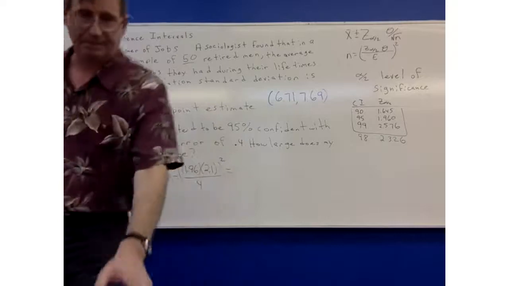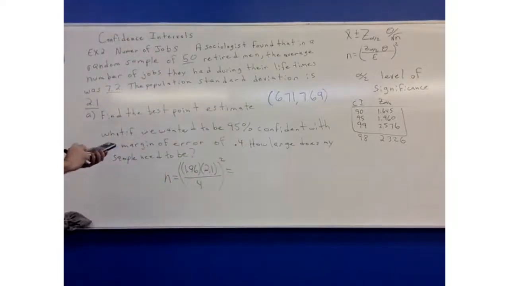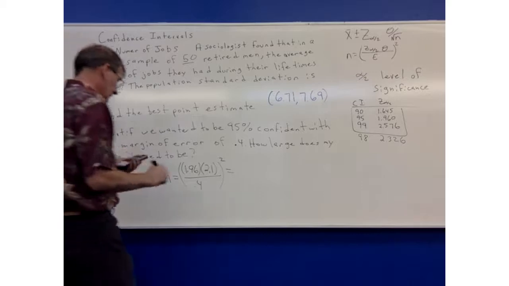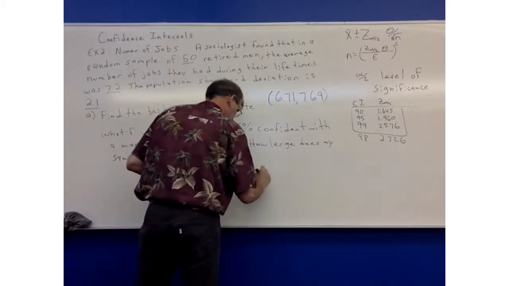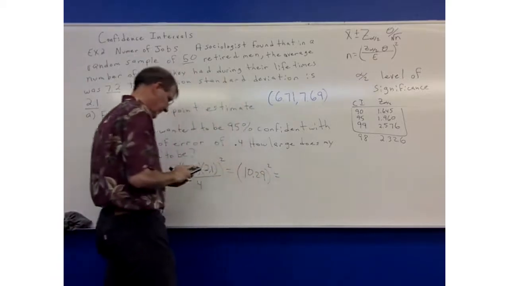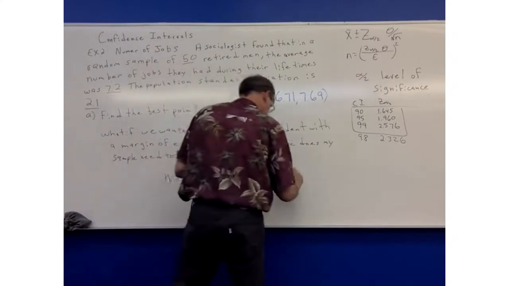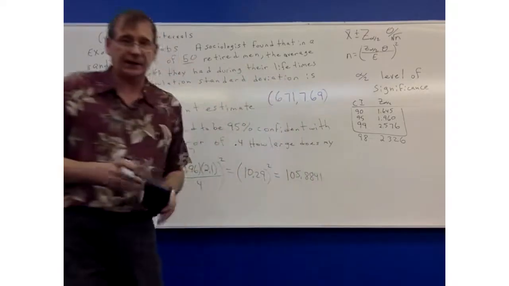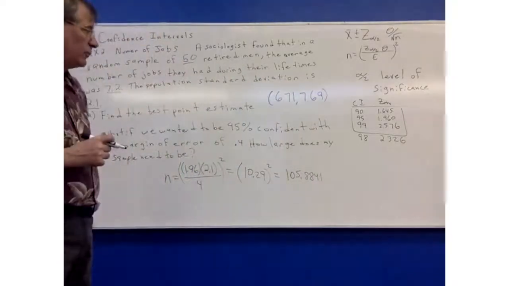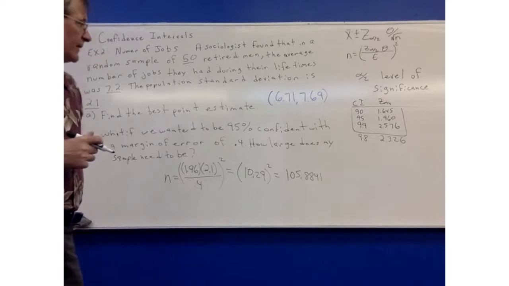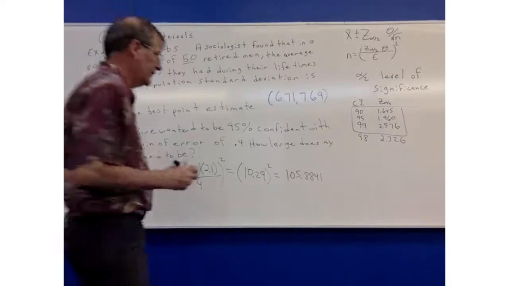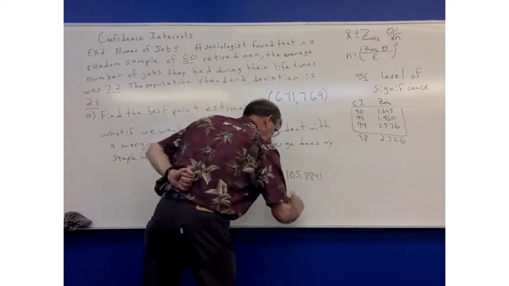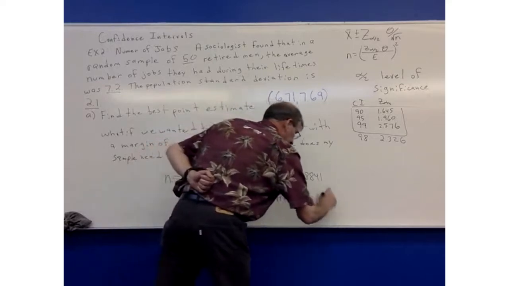See what we get here. 1.96 times 2.1. Okay, so there's the number I get, 105.8841. 105 is not big enough, so our answer is at least 106.